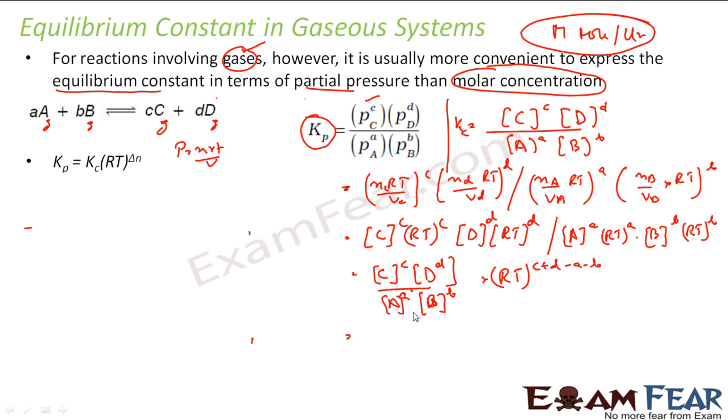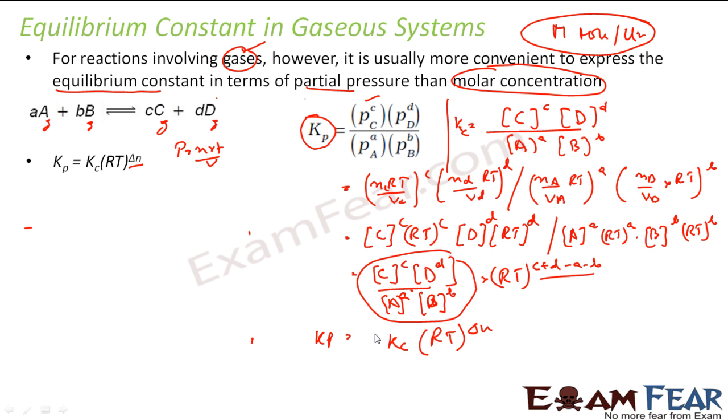And what is this value? This thing is nothing but my Kc, into RT to the power of c plus d minus a minus b, which is nothing but delta n, that is the change in moles of gas. Thus you can see that Kp is nothing but Kc (RT) to the power delta n.